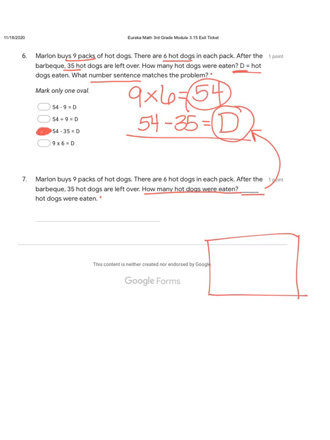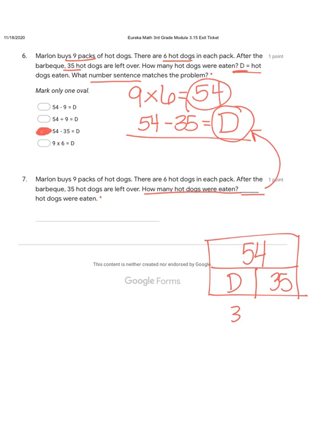I'm going to draw a rectangle and then a line and a line down the bottom. So this shows the whole is 54. There were 54 hot dogs to begin with. There were 35 left over when they got done eating. And here's D. D is the amount of hot dogs that were eaten, which is what we're trying to figure out.